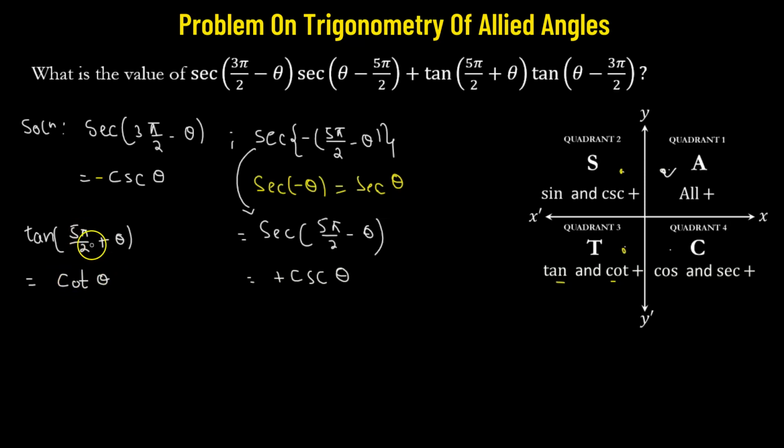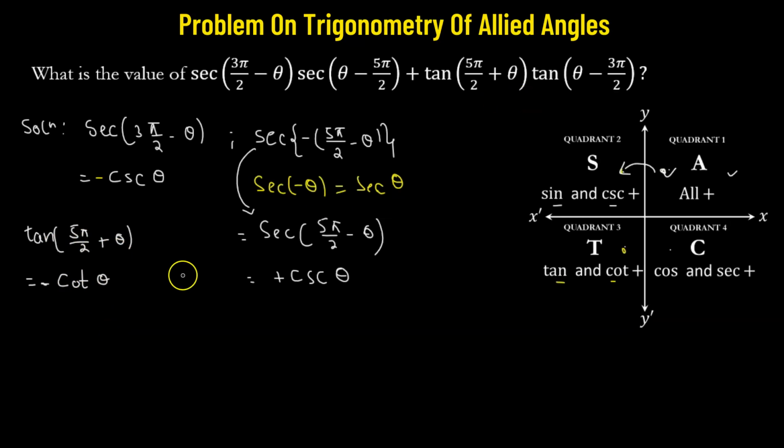Now 5 pi over 2 lies in the first quadrant, as we have already discussed for secant of 5 pi over 2 minus theta. But here we're adding theta to it, so addition is going to take it to the second quadrant. In the second quadrant, only the sine and cosecant are positive. Everything else will be negative. So tangent of 5 pi over 2 plus theta corresponds to negative cotangent of theta.